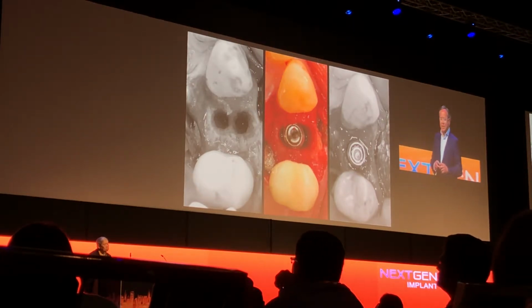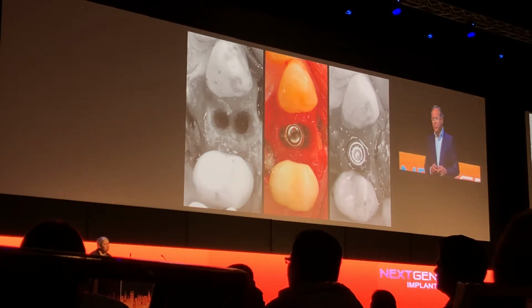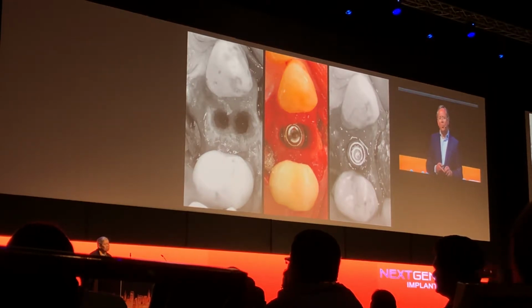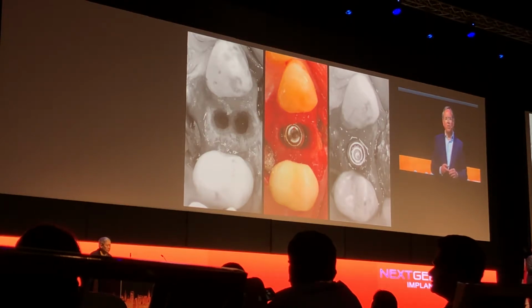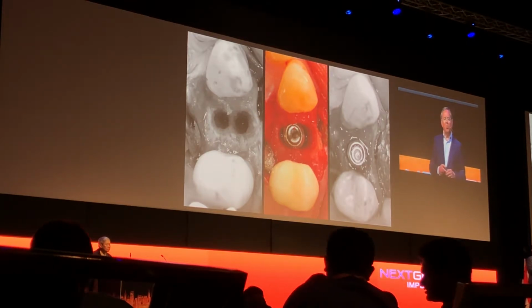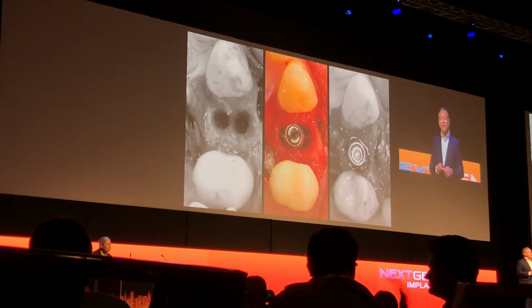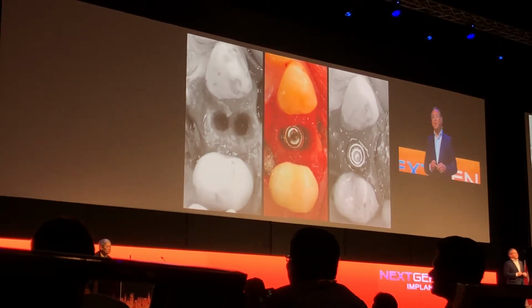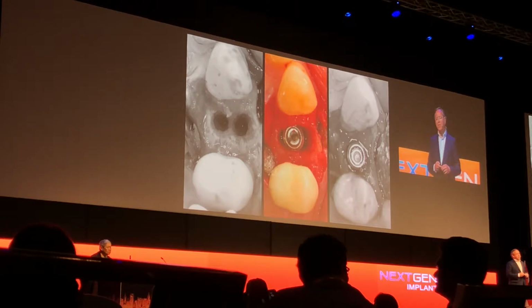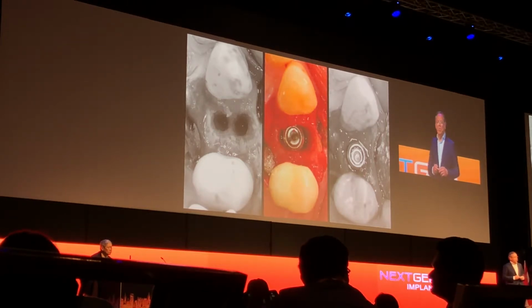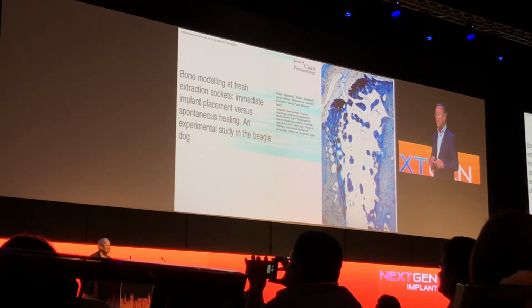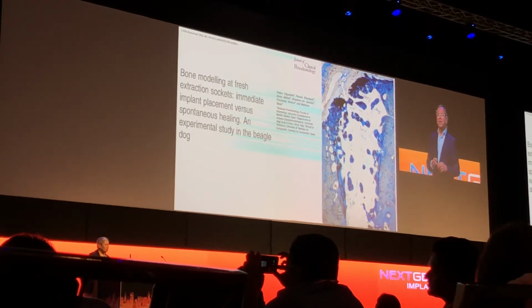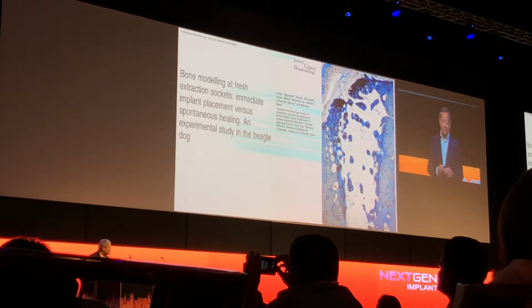You see in the slide, you may place your implant in the proper position. You may have a beautiful convex buccal bone wall, but at the end of the healing, you will end up with a very thin concave buccal wall. And you need to understand how much, and you need to understand under which circumstances.